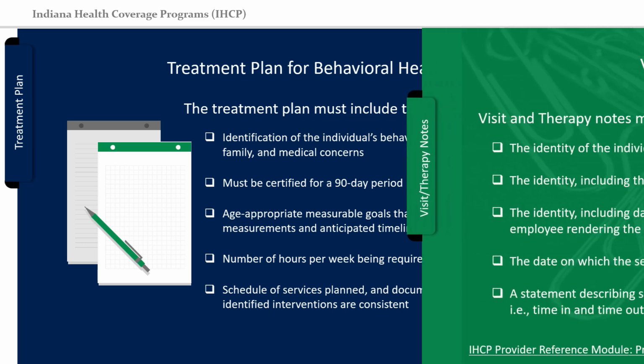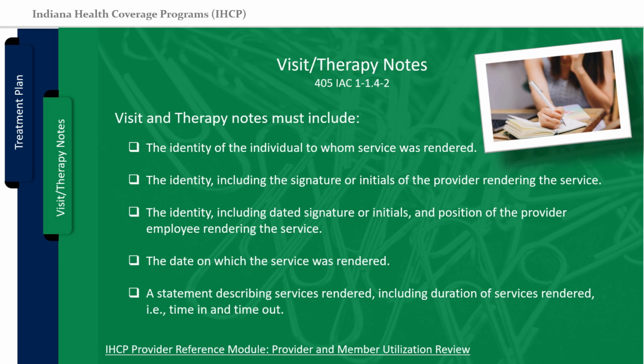For any visit or treatment notes associated with interactive complexity, the IHCP provides guidance in the 405 IAC 1-1.4-2 Medical Records. Medicaid reimbursement is available for services rendered by an appropriate practitioner.